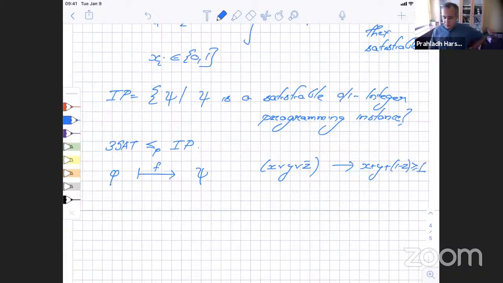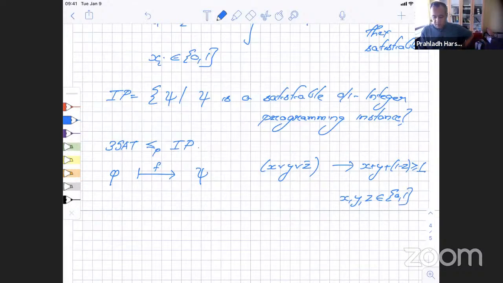So we can just convert. Every positive literal you retain as is. Every negative literal you replace by 1 minus x and say the sum of these things should be greater than or equal to 1. Then we'll further add the conditions that x, y, z all have to be 0, 1. Notice that the only solution to this will have to be a satisfying assignment.